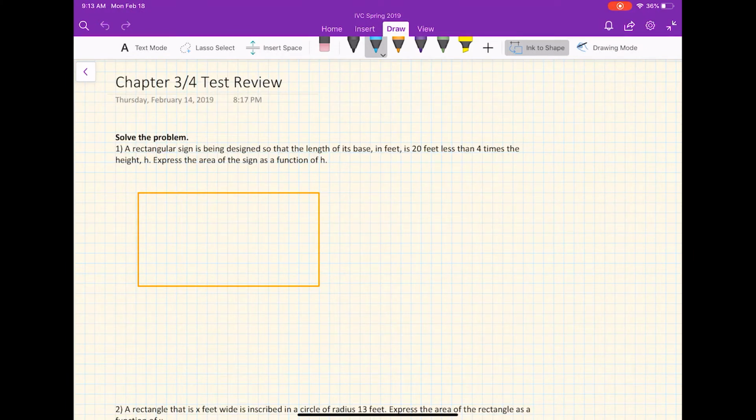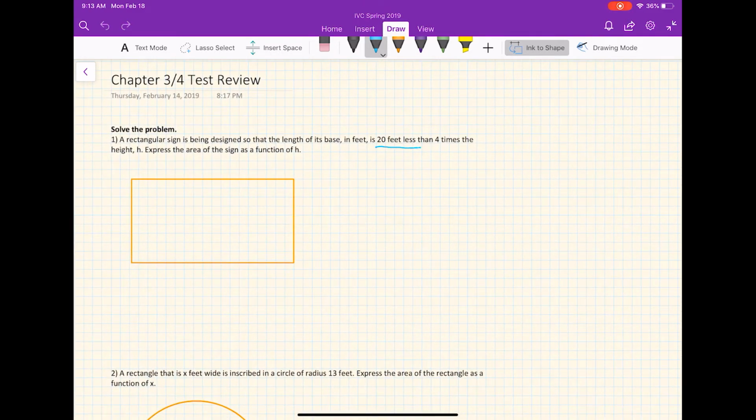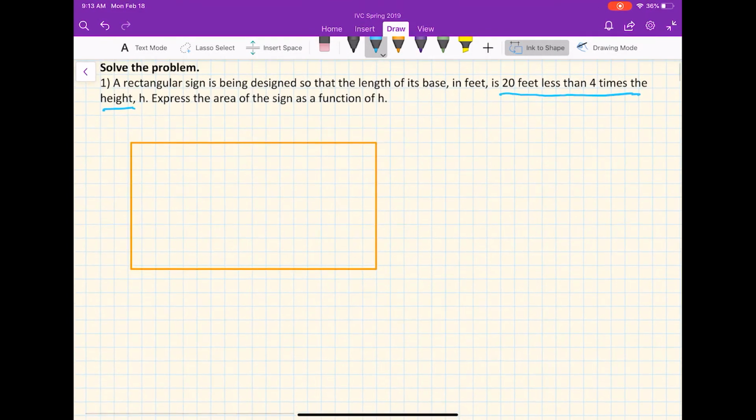All right, so we got problem number 1 here. A rectangular sign is being designed so that the length of its base in feet is 20 feet less than 4 times the height, h. Express the area of the sign as a function of h. All right, so area of a rectangle is going to be length times height.